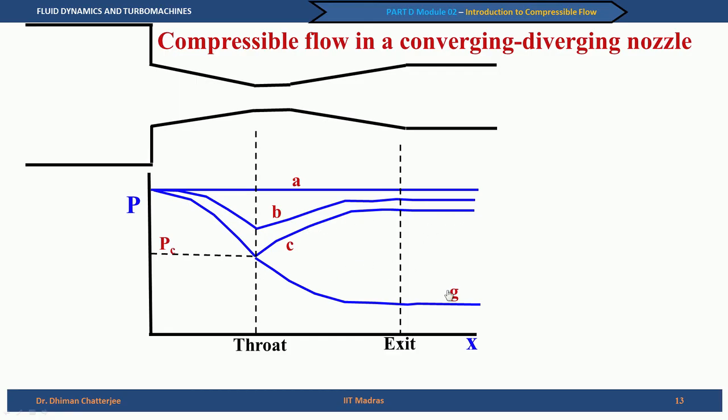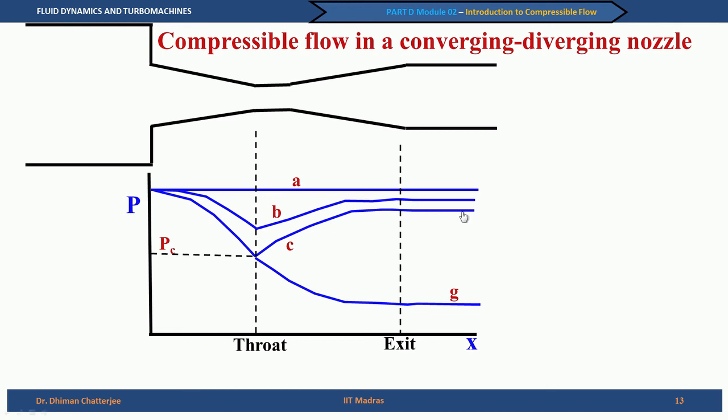In case of G, the pressure is such that you get a supersonic flow in the diverging passage. In both cases, the back pressure corresponds to the critical pressure Pc, and the sonic throat condition is reached.